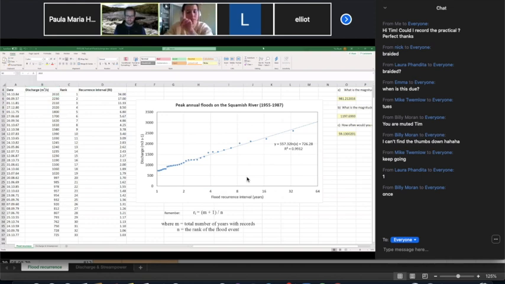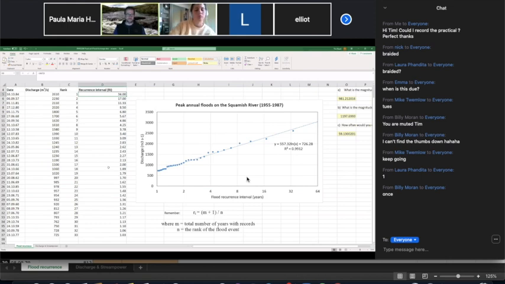Yep, Billy, once, exactly. Laura, 1. Beautiful. Yep. So its recurrence interval for this data set is 1 in 34 years. Yeah? So that's why its recurrence interval is 34 years. It's only happened once, and based on the data we've got, it's likely to only occur once in a period like this.